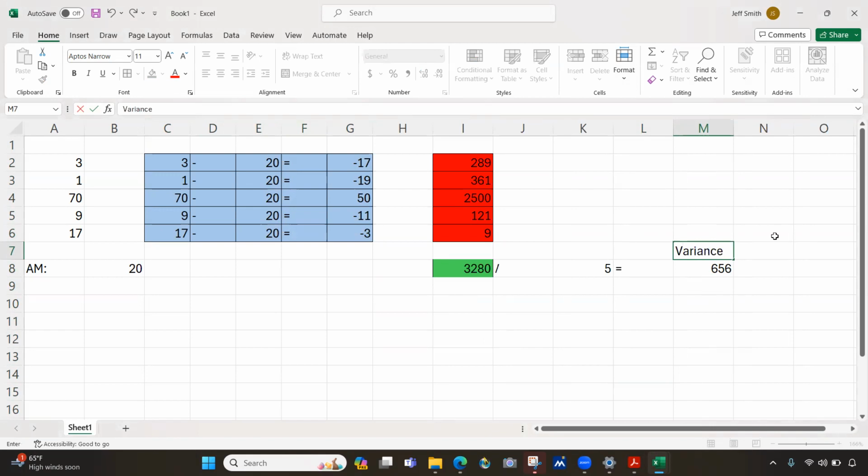Now, we need to find the variance before we can find the standard deviation. I'm going to write SD. So SD is basically the square root of this number, 656. Find the square root of the variance, and you're going to get the standard deviation. And the square root of the variance is about 25.6125. So I'm going to go over this again. You take the data set. You don't have to rank order them.